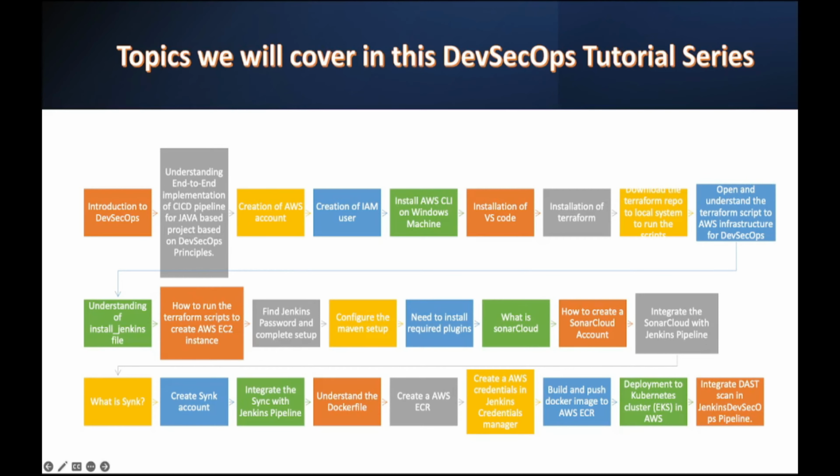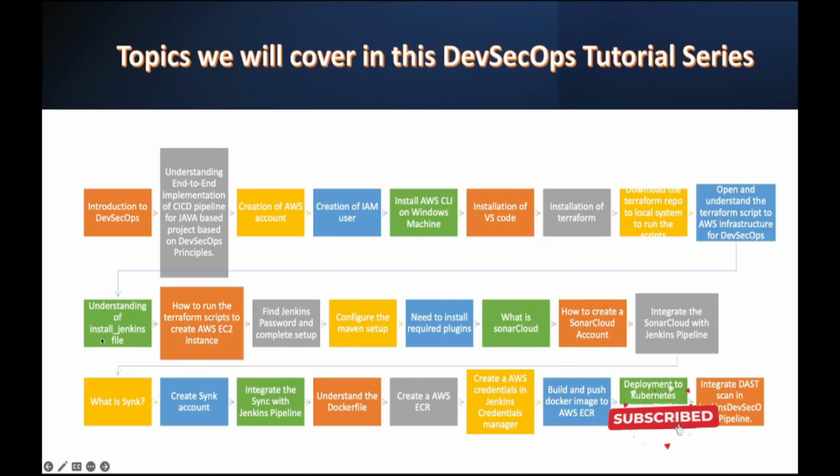There is a file called install Jenkins, and we will understand what it does when we are deploying our infrastructure code. Then we will run all the Terraform scripts to create the AWS instance. While creating the AWS EC2 instance, we are going to install Jenkins as well.